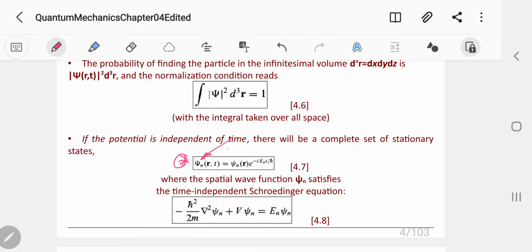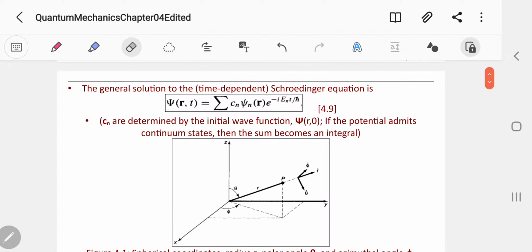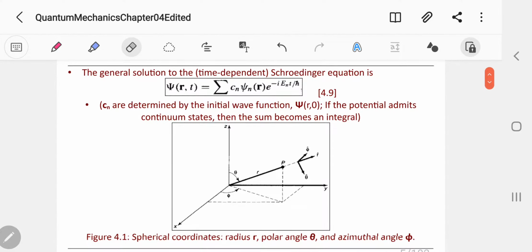Here, this is your psi, a function of r and t, and this is your phi, a function of r, and this is the exponential of the energy. Anyway, the general solution would be, because each of the stationary states would contribute to the general solution, your wave function.